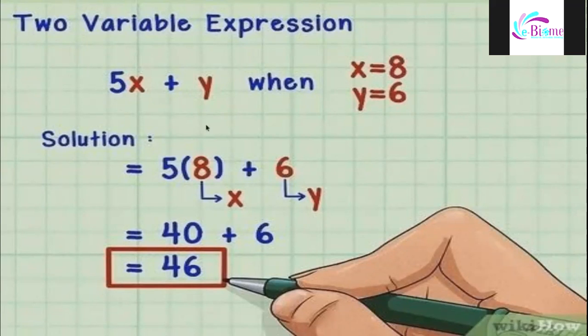Then we write back our plus, and we take y, and we replace that y with 6. Everyone following so far? And we say 5 times 8 is 40 plus 6, and we get 46. Everyone understand this so far?